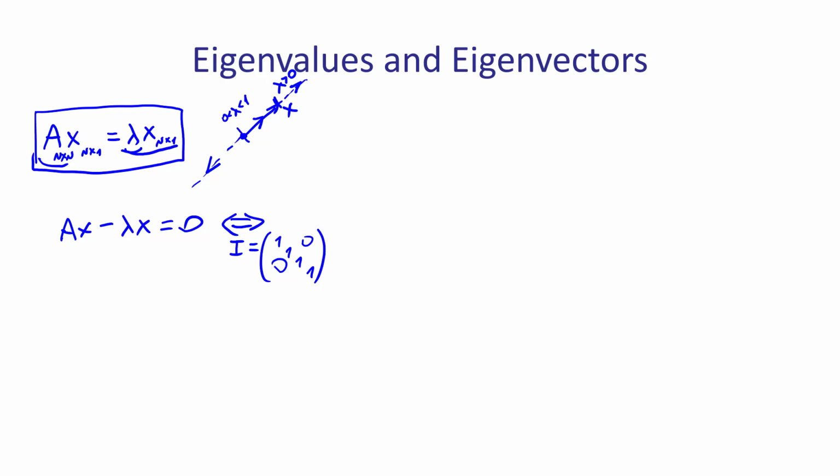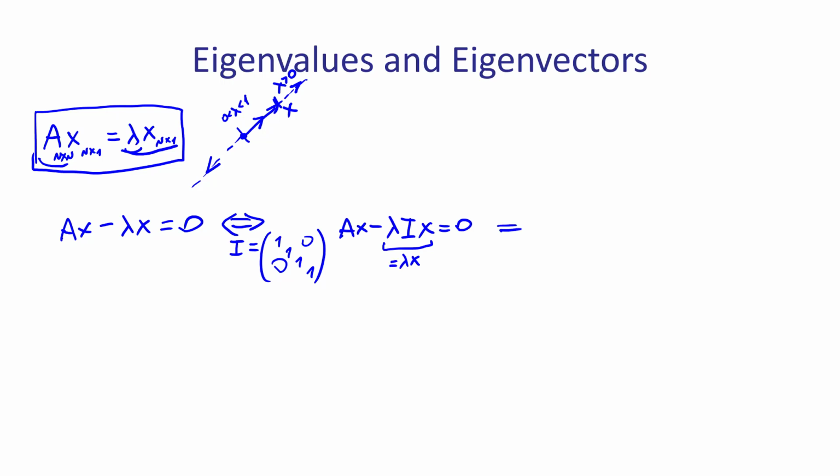So this is equivalent to Ax minus lambda I x equals 0, because lambda multiplied by I multiplied by x is the same thing as lambda x.